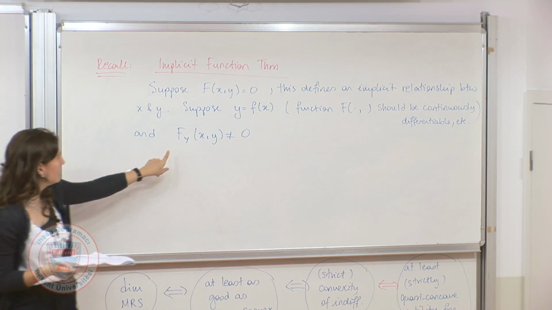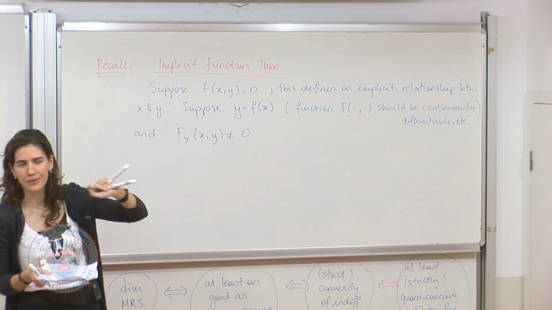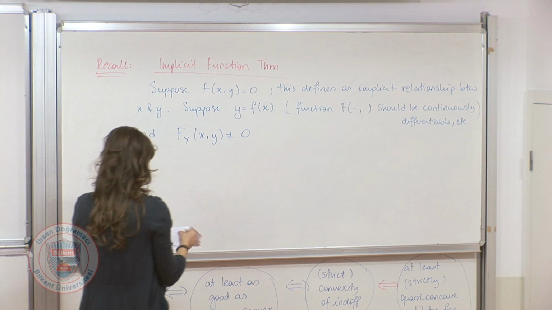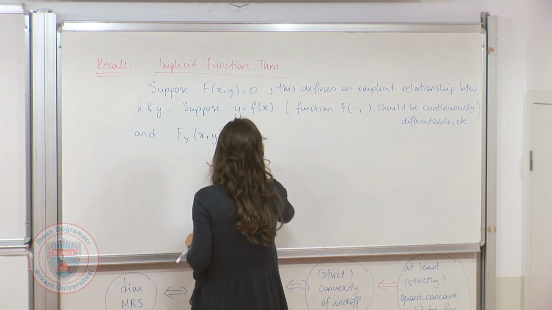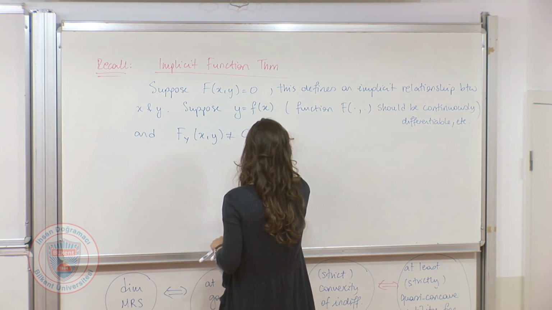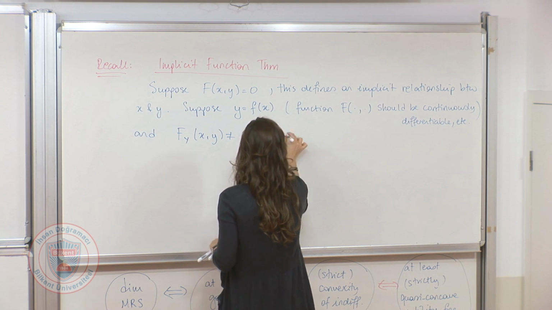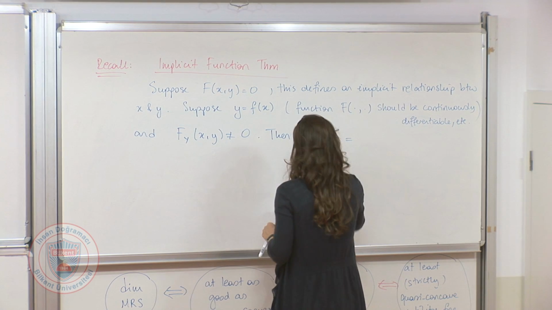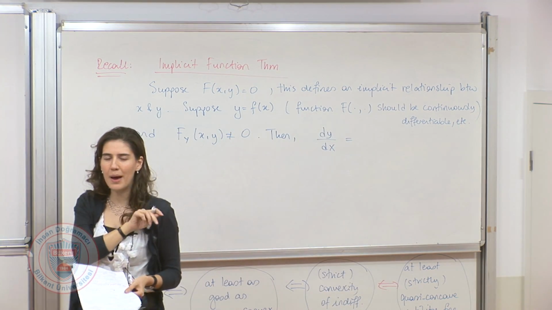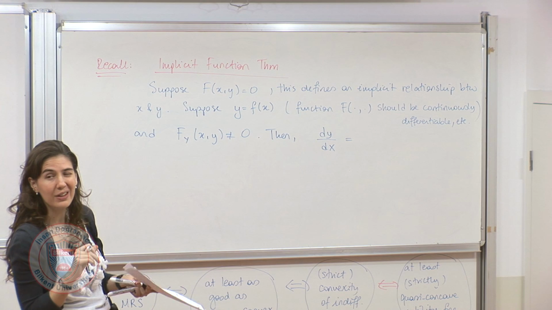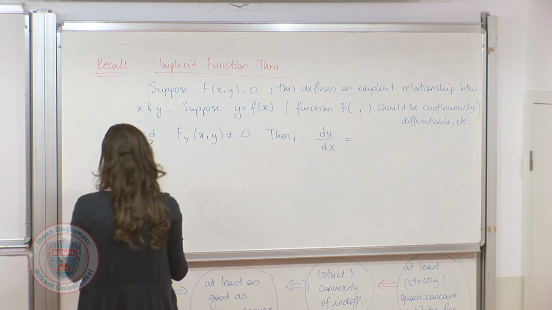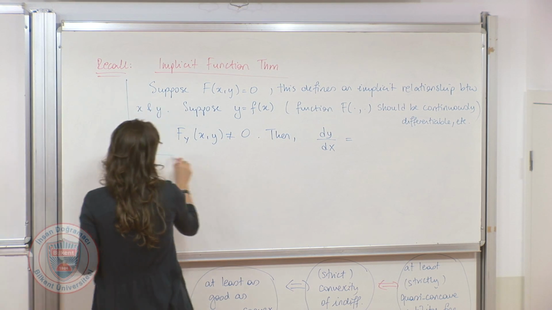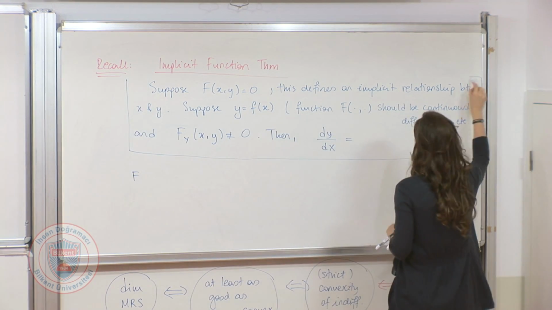Then, if you're interested in dy over dx, what is it? The theorem says this, but we can show it very easily. So this is the theorem, and we're going to fill in this place.